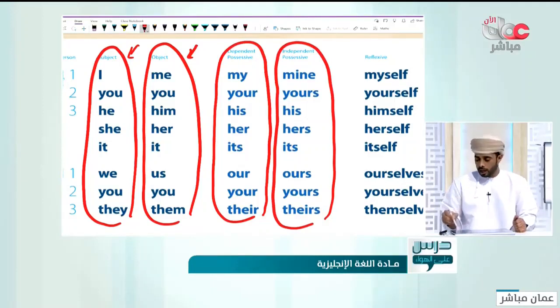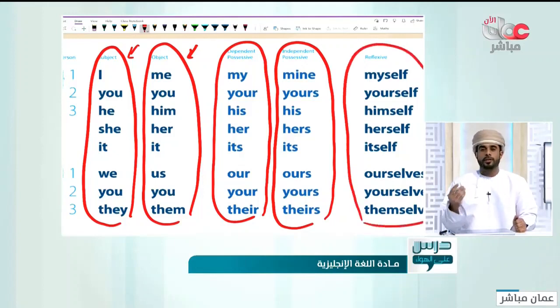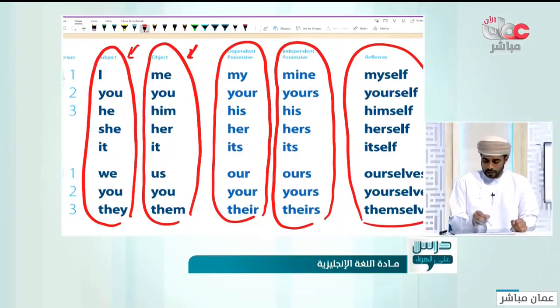And in here we have reflexive pronouns. Reflexive, which means they reflect things like I, myself; you, either yourself or yourselves, it depends, yourself for the singular and yourselves for the plural; he, himself; she, herself; it, itself; we, ourselves; and they, themselves.